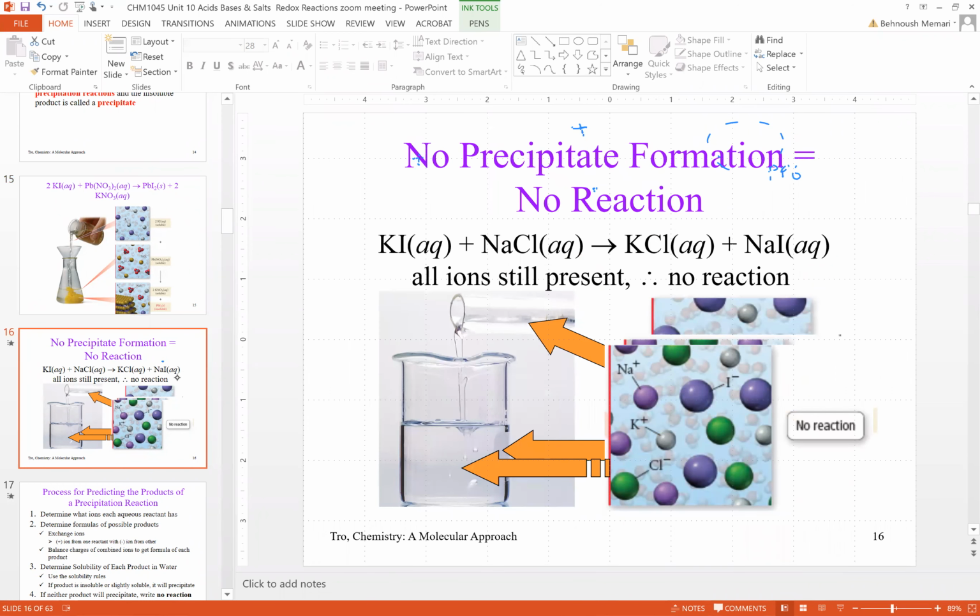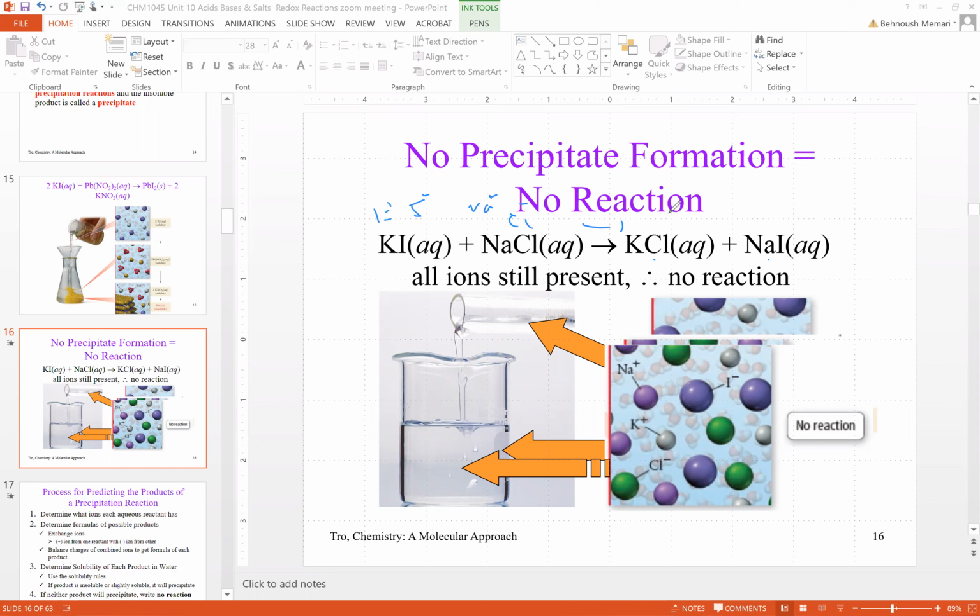When you mix two aqueous solutions, meaning solutions of soluble compounds in water, and on the product side you also have two soluble compounds, this means there's no reaction. You have a mixture of four ions: potassium ion, iodide ion, sodium ion, and chloride ion.